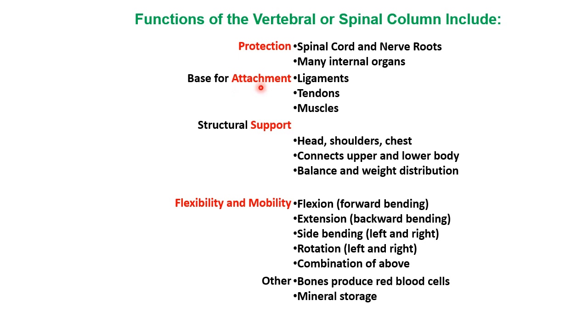It is very important for attachment of ligaments and tendons and muscles for your back. Of course, structural support. We need to support the head, the shoulders, the chest, and basically the whole body, right? Flexibility and mobility. We have to move around. So very, very important aspect.